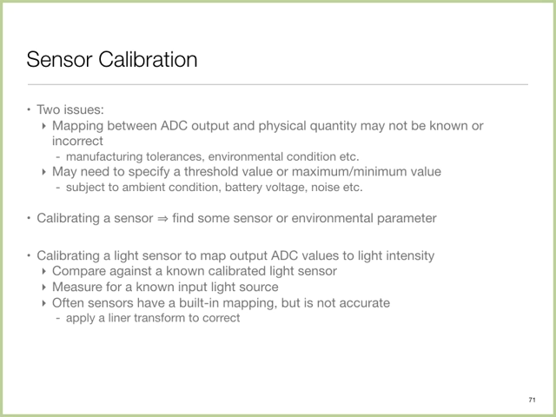There is this question of mapping the measurement into the physical variable, and there may also be other terms which may be affected by the surrounding temperature, battery voltage, and stuff like that.